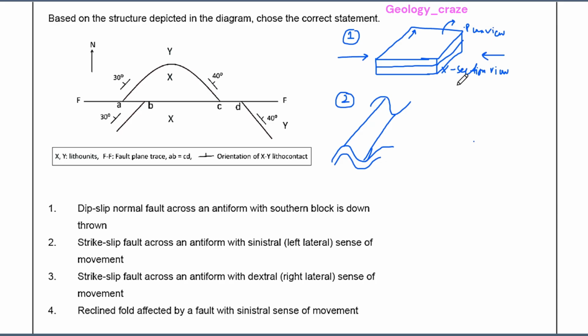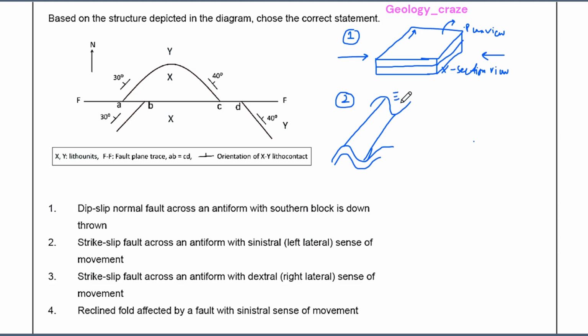But if the force is not similar, suppose in the northern side the force is less and in the southern side the compression is more, then what will we get? In this case it was equal force.